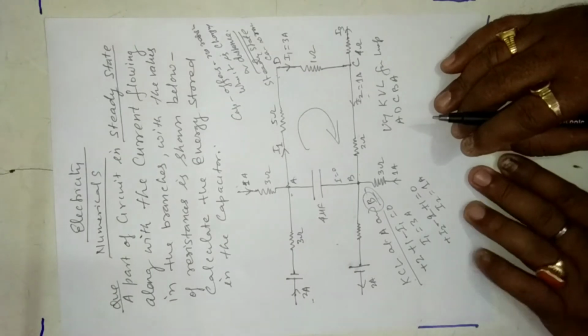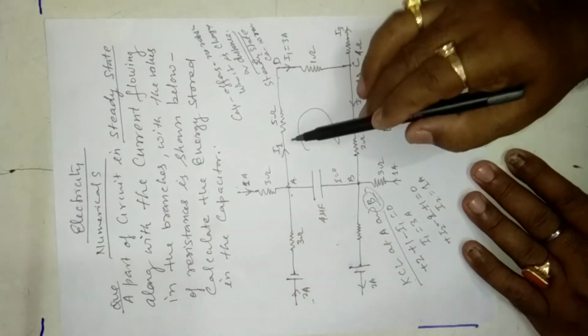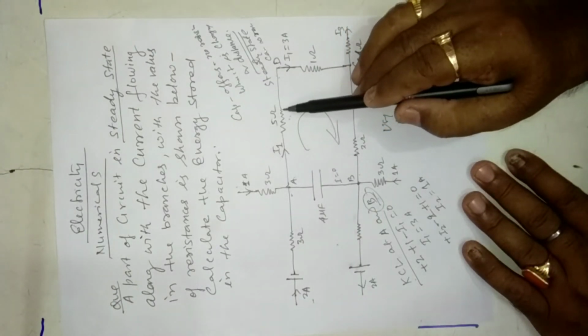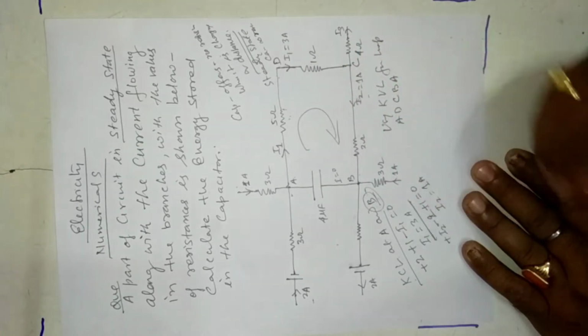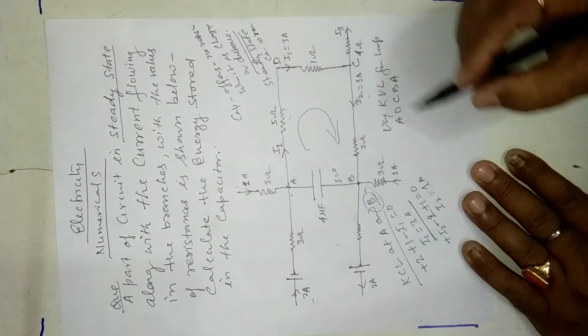We can write here 5 into I1, I1 is 3. So we are moving in the direction of current.